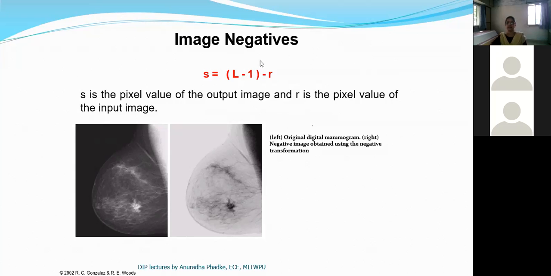So this simple image negative operation is useful in many applications. Image negative is the simplest point processing operation. Why is it point processing? Because we are applying some function on every pixel of the image, and the given function is 255 minus R. So this is the image negative operation.